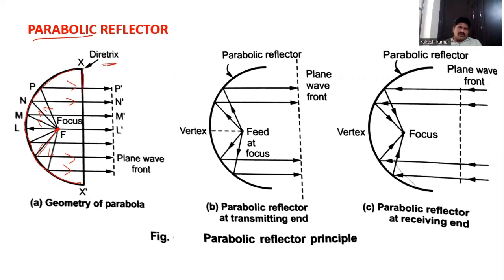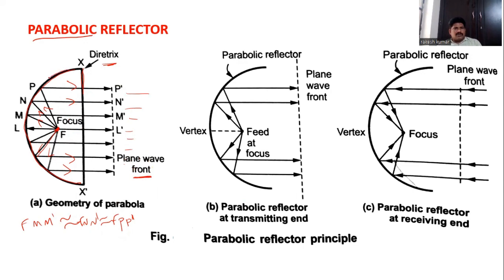Here, let us take the path F M M dash. F M dash is the same as F N dash, and similarly the same as F P dash. This means all the signals leave the directrix at the same time. All the waves are traveling in the same direction. This is called a plane wavefront.